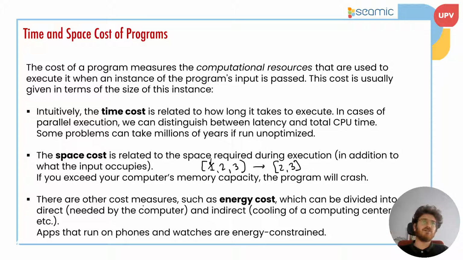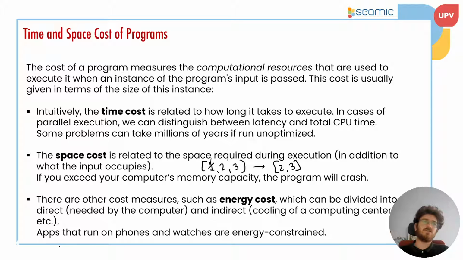And finally, there are other measurements and other constraints when we compute things, such as the energy cost, which can be divided into the direct cost, so the energy directly required by the computer or the smartphone or whatever, and the indirect cost. So, for example, the cooling of the computer will also be a cost.